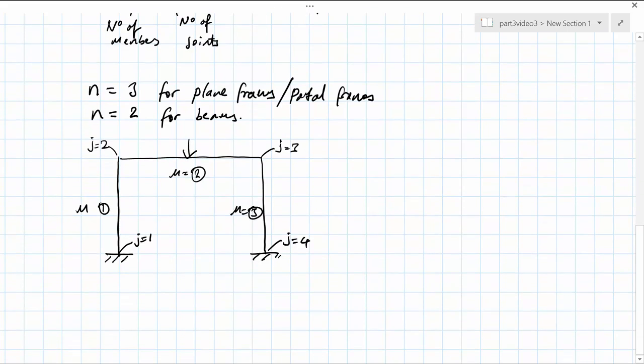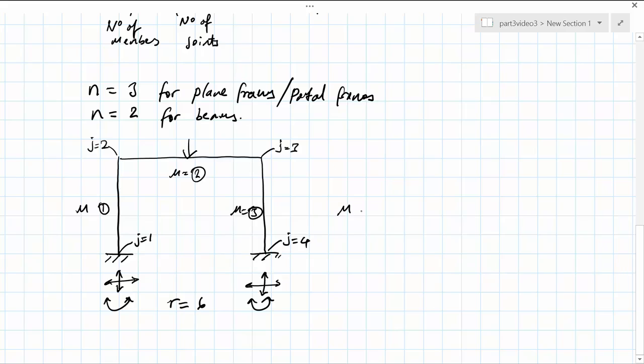And finally, the number of reactions. We have the vertical reactions, the horizontal reactions, and the moment reactions. And there are 3 at each support because this is fixed at its base. So as a result, the number of reactions for this structure equals 6.